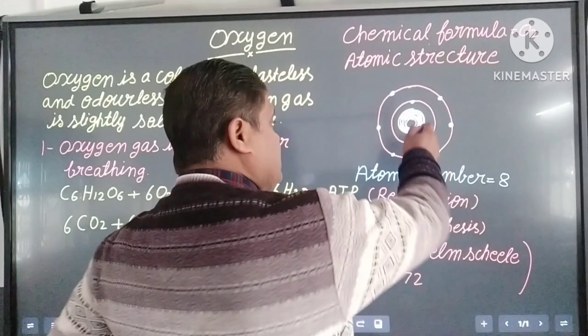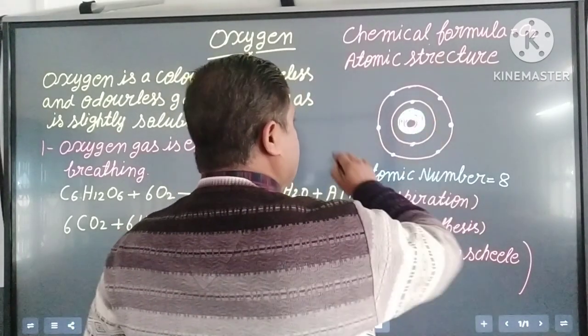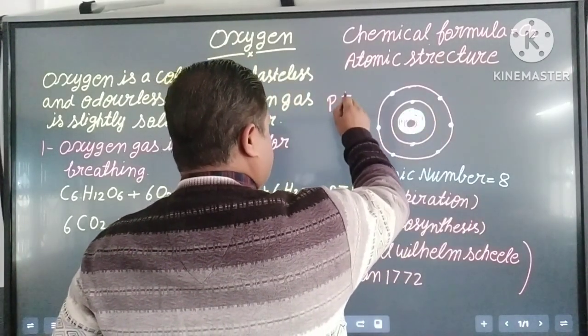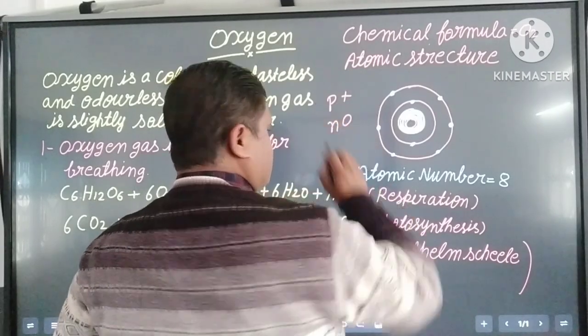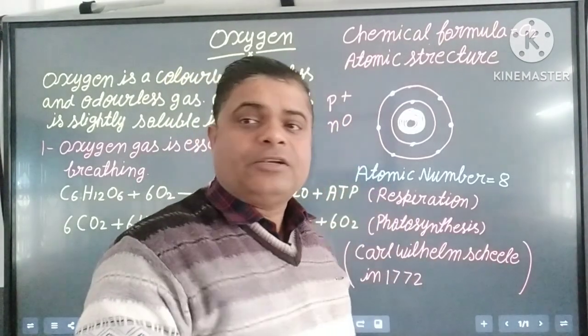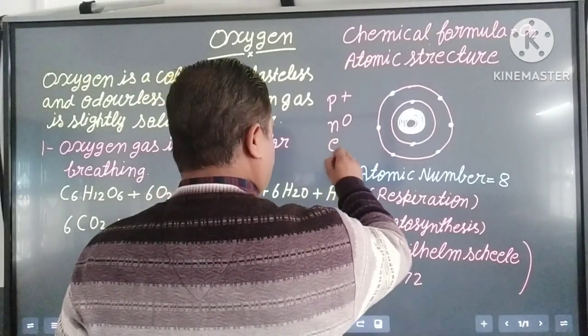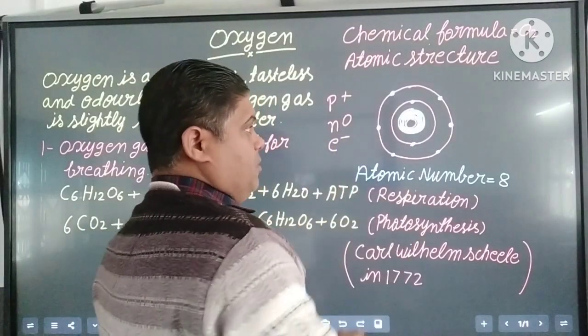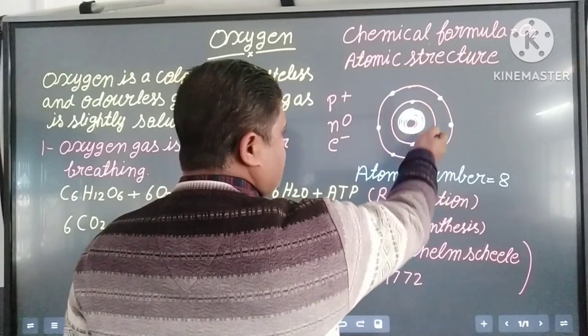So student, our nucleus contains protons and neutrons. Proton has a positive charge and neutron has no charge, it is neutral. And electron contains a negative charge. So student, proton and neutron are present in the nucleus.